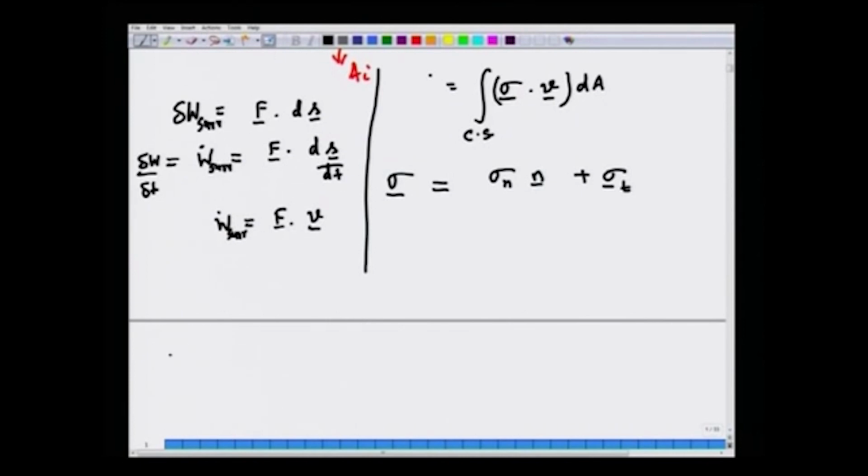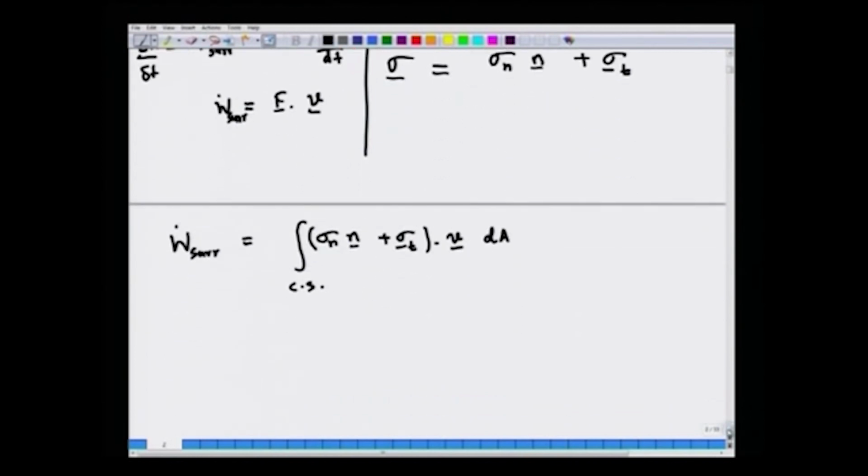When we want the work done by the CV on the surroundings, we will take the negative sign. So, the rate at which work is done by the surroundings on the CV is nothing but the integral of sigma n plus sigma t, dotted with V dA, integrated over all the area.